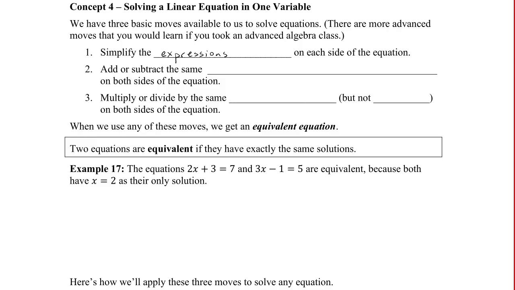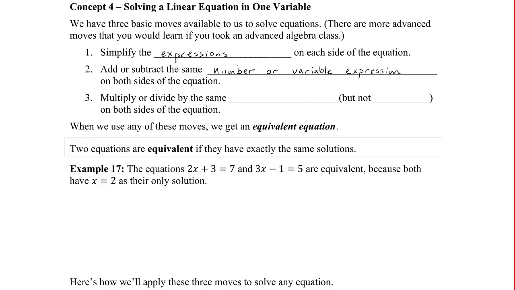And when we talk about the same thing, we mean a number or a variable expression. We can do that with any number or any expression we choose, though of course we're going to strategically choose what number or expression to add or subtract in order to end up with a simpler equation, an equation that's closer to being solved.